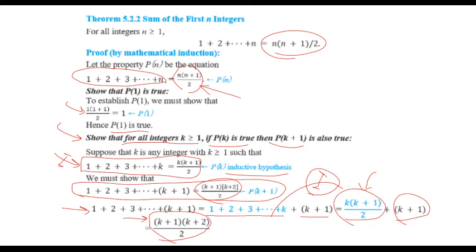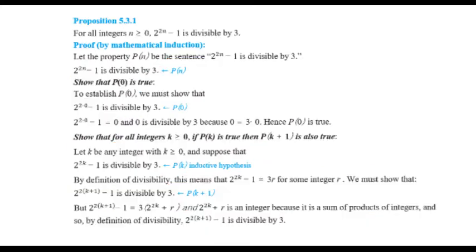So we conclude that we have proved that P of k plus 1 is also true, and this means that we are done with the inductive step. Since we are done with both steps, we can claim that we have proved theorem 5.2.2 using proof by mathematical induction.